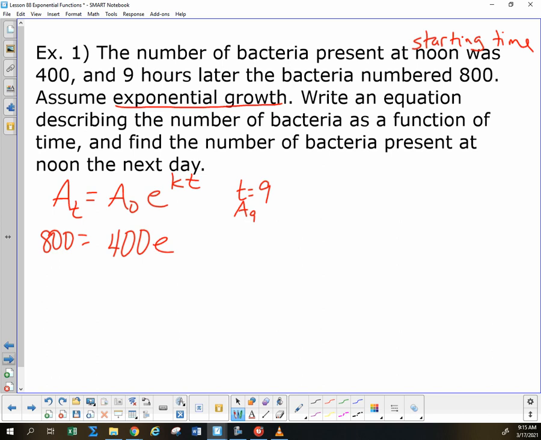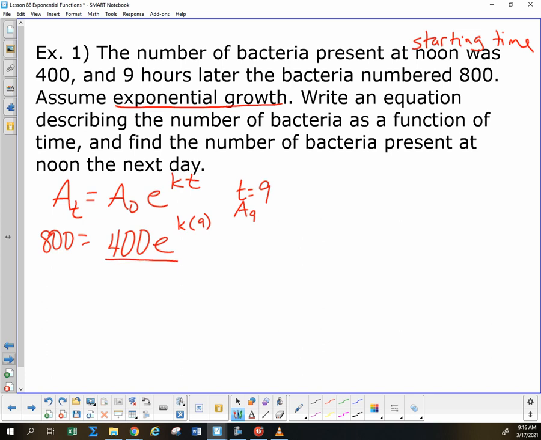And the t has to be 9, so we have the k times the 9, or 9k. e is a number, and we have now an exponential equation that we need to solve. So what do we do when we have an exponential equation? We need to get it where it is e to something, and then we can take logs of both sides.